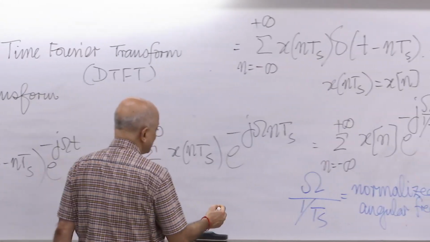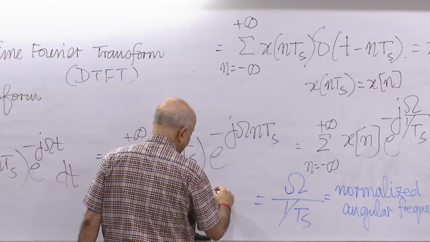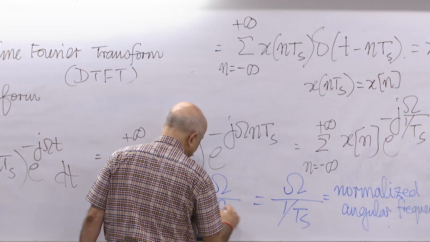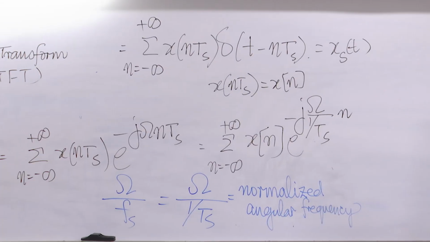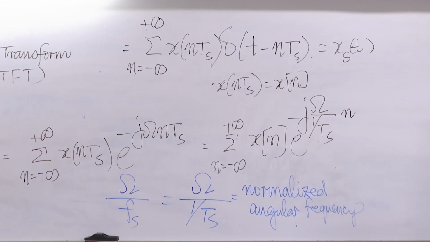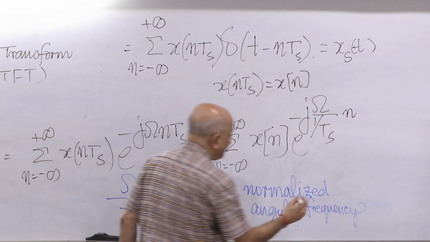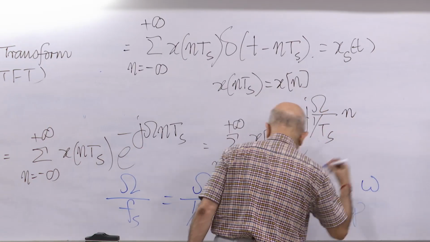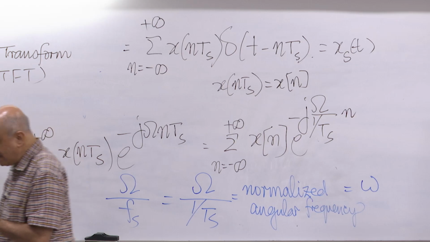Right. So it's easier to appreciate this, isn't it? You can say omega divided by Fs. Now, we often denote this by small omega. It's the normalized angular frequency.